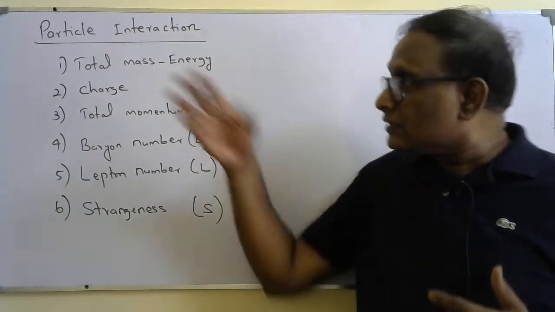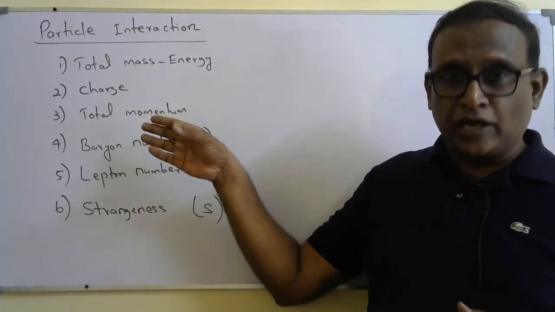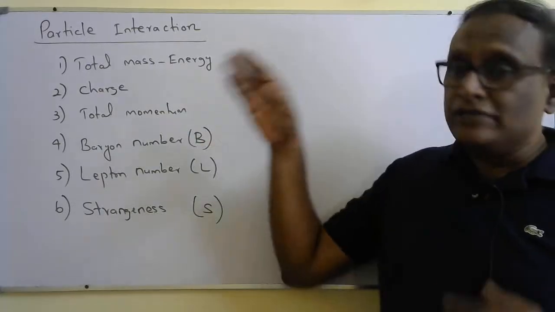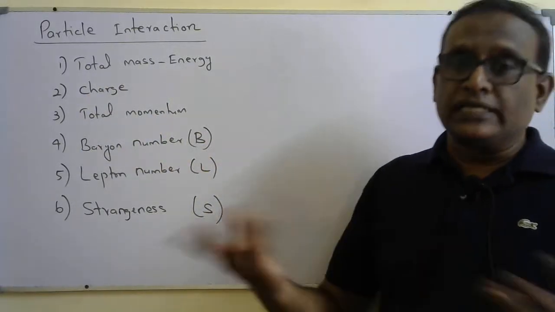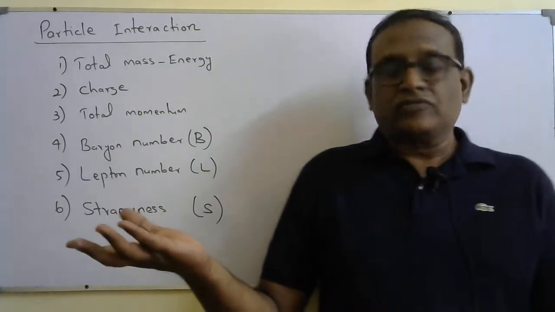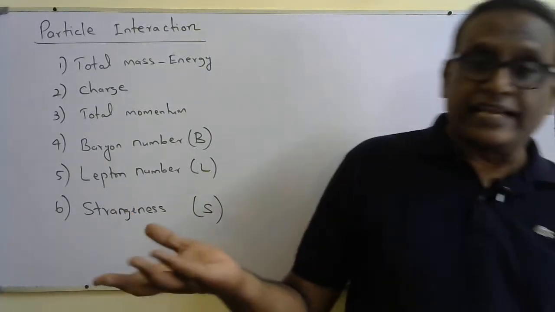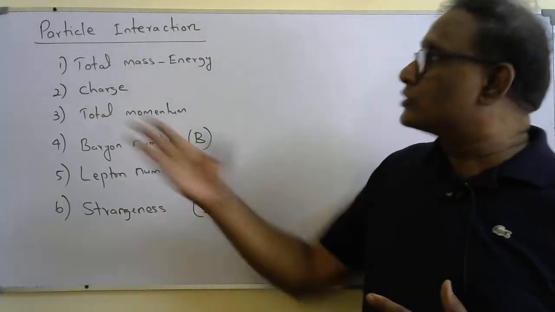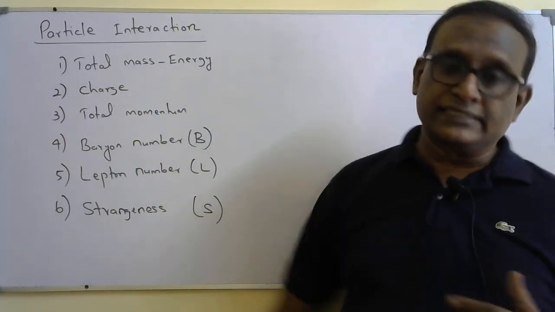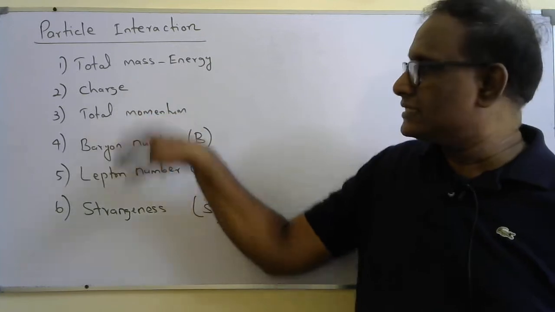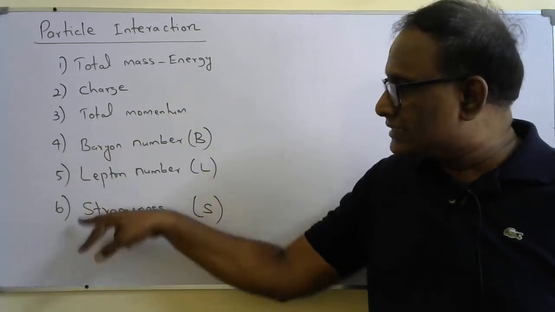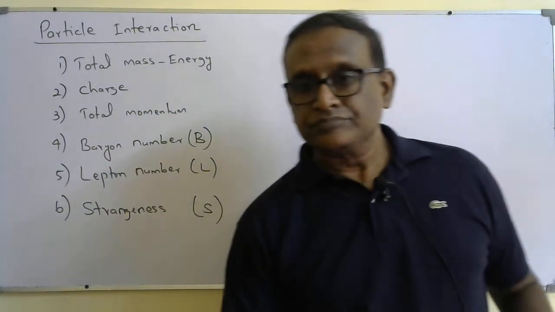I will discuss annihilation and pair production, and show how to use total mass energy to calculate the total energy released or the wavelength of the radiation released. So I'll use this total mass energy concept there. Then I'll think about charge, not much is discussed. Then we'll think about the other things after that.